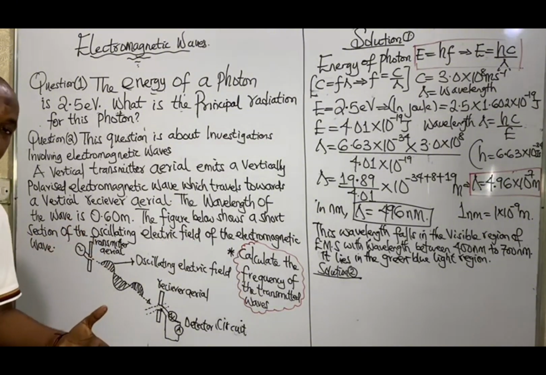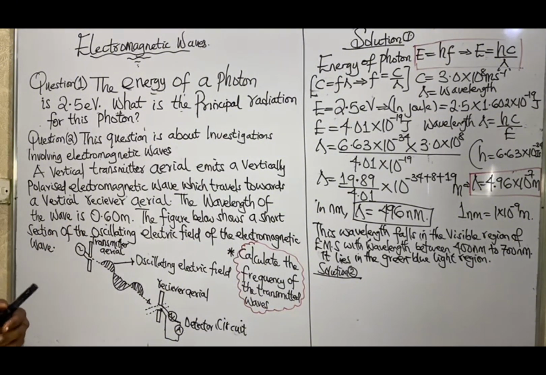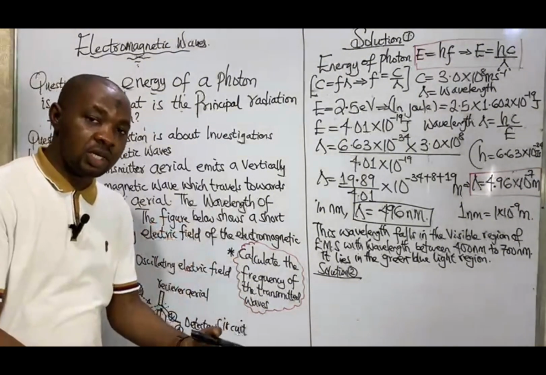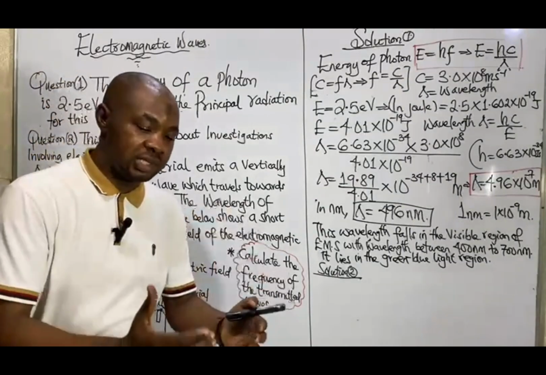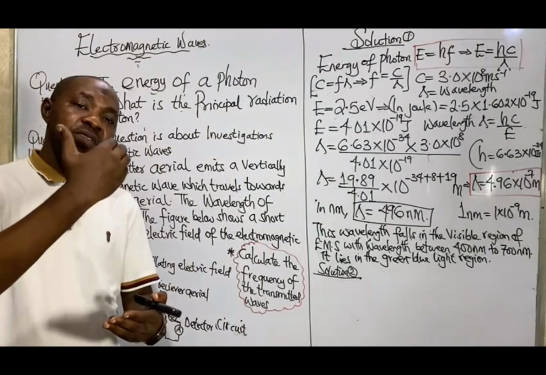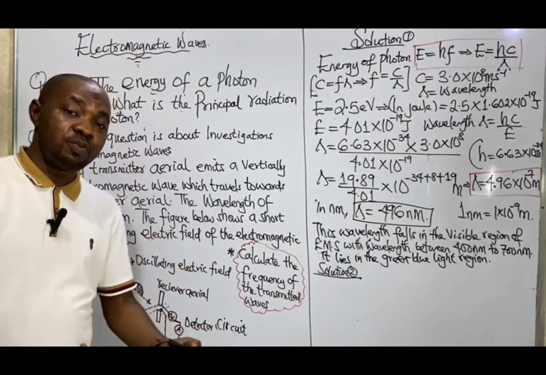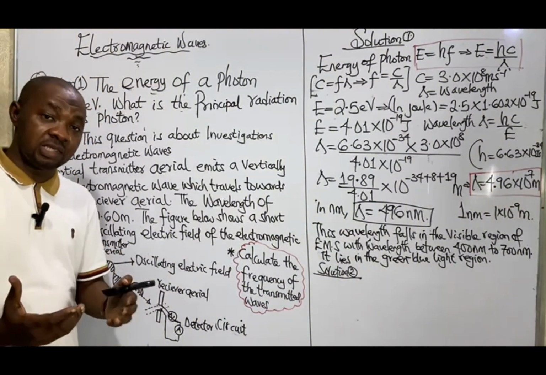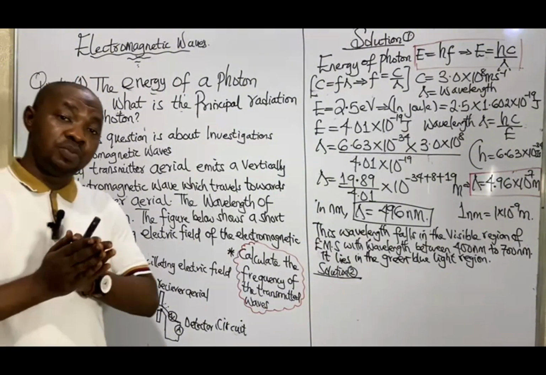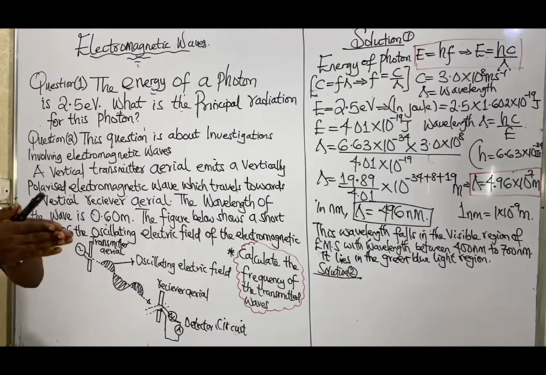When we say polarized, polarized is when we make unpolarized light become polarized. That is, the vibration of the electric field vector with respect to the vibration of the magnetic field vector will be along a plane, and it will be perpendicular.